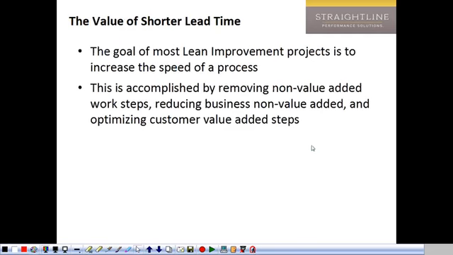Okay, I'm going to skip over this particular slide. I think we all understand the value of shorter lead time. I mean, it's better for the customers, and it increases customer satisfaction. But one of the things that we don't often think of is it can really improve cash flow too. If we can move the customer through the process more quickly, we can often get our invoices paid more quickly as well.